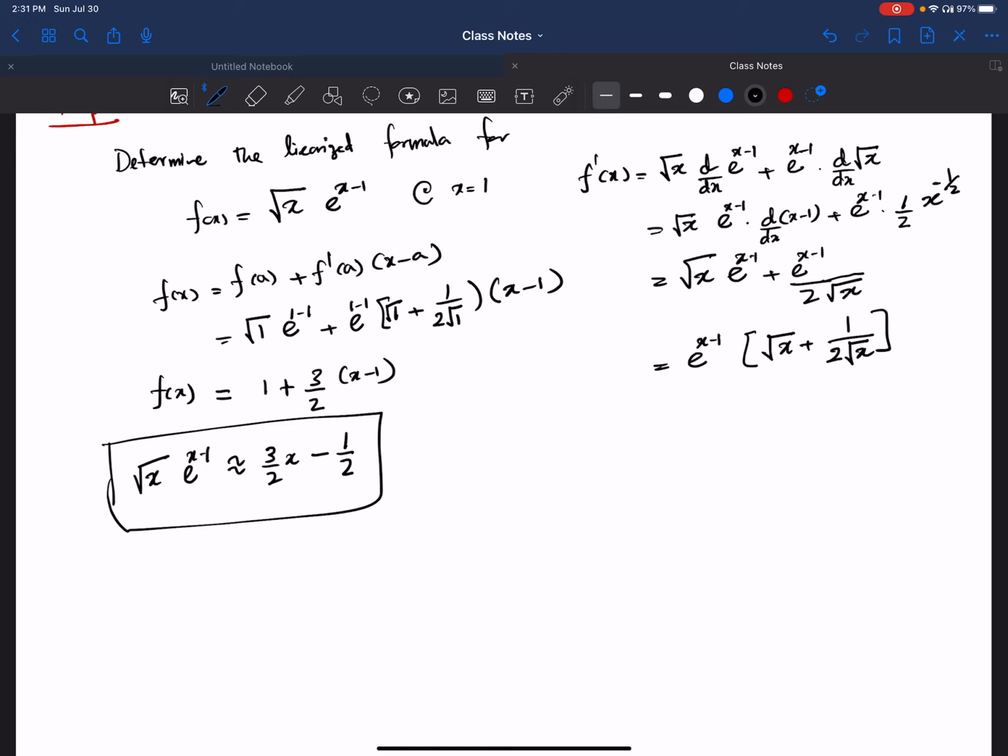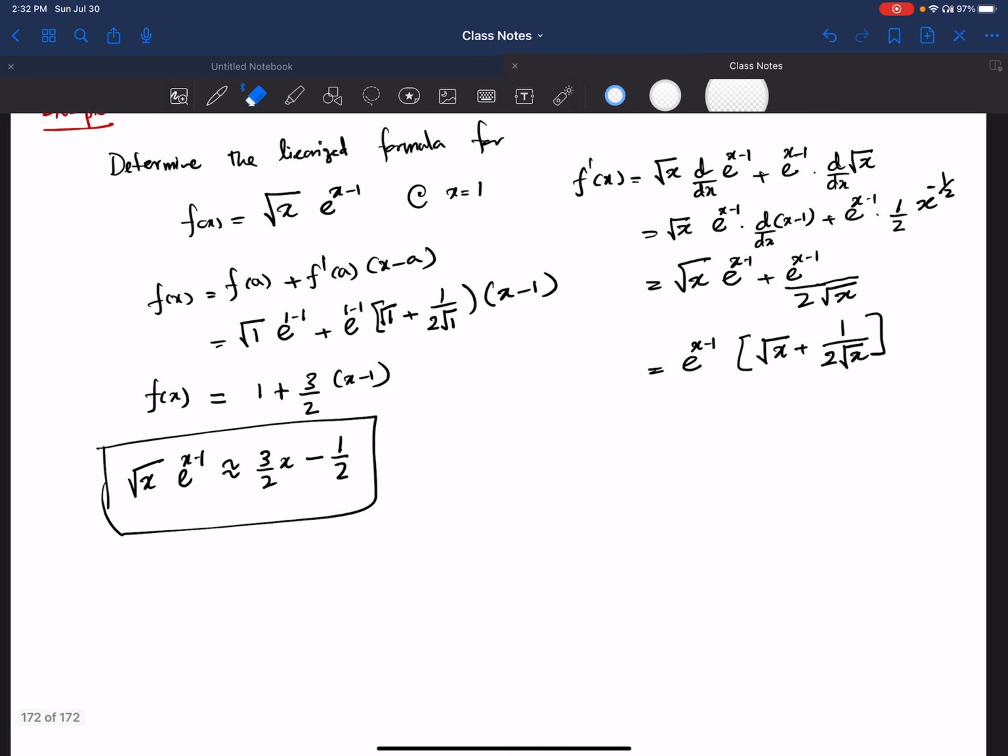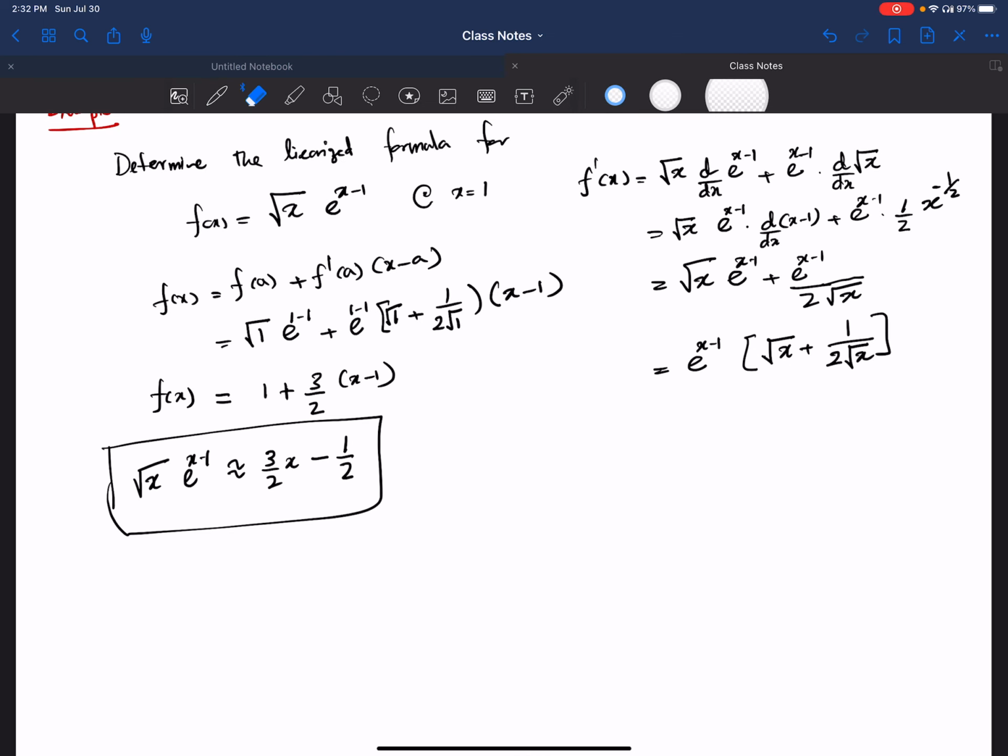So you can also find the error. The error in this approximation is equal to delta f.